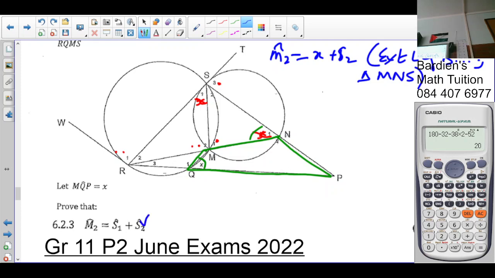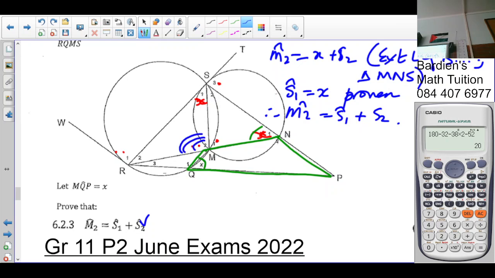However, we know that S1 is equal to x. That was proven. So therefore M2 has to be equal to S1 plus S2. So this angle here has a relation with S1 and S2. Just keep that in mind. You might need that.